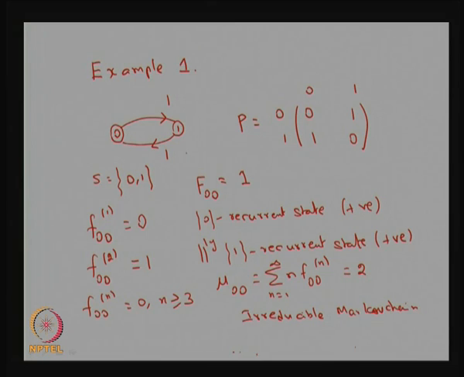In a longer run also the system will be in any one of these 2 states only, because it is an irreducible Markov chain, because these 2 states communicate with each other. Therefore, in a longer run the probability that the system will be in any one of these states will be some value, and the system will be in any one of these 2 states only. Later I am going to give the definition of the limiting distribution, through that I am going to explain the same example again.